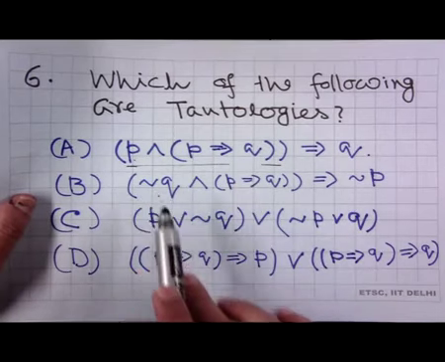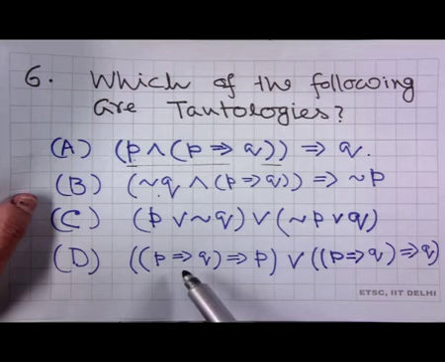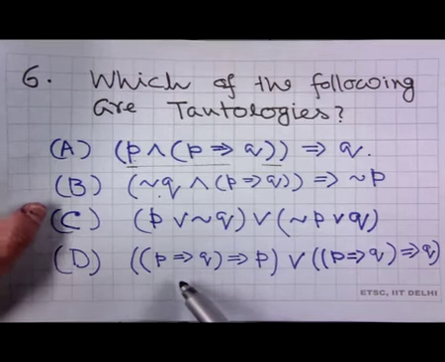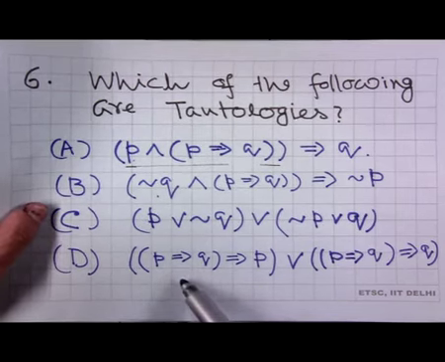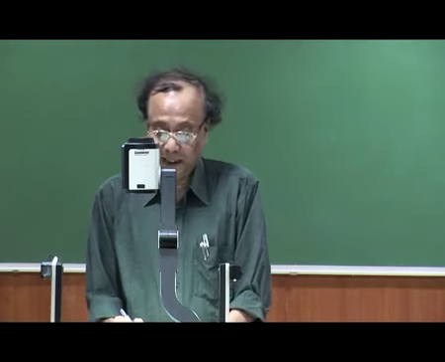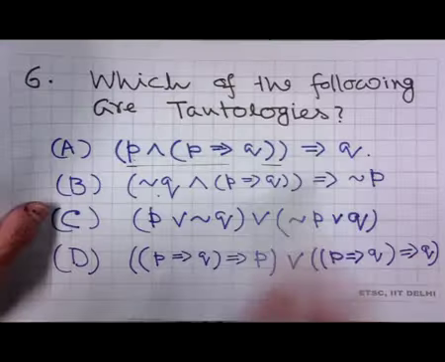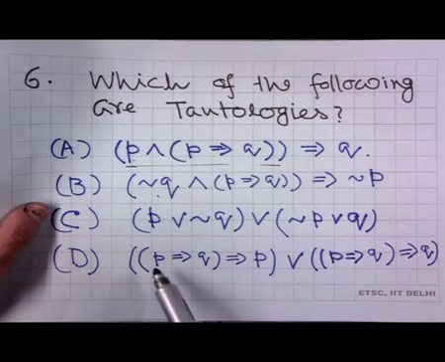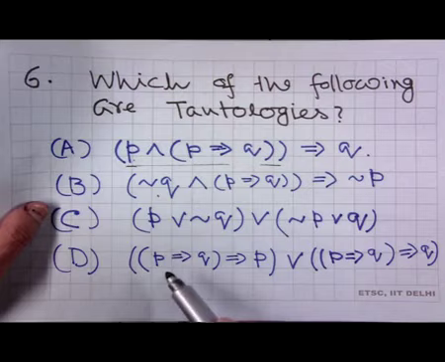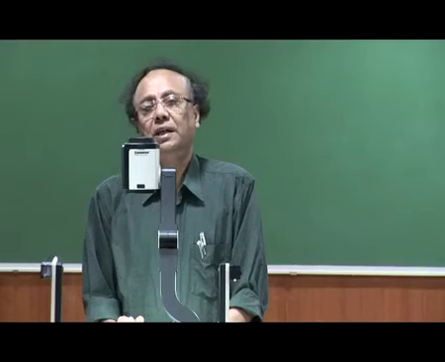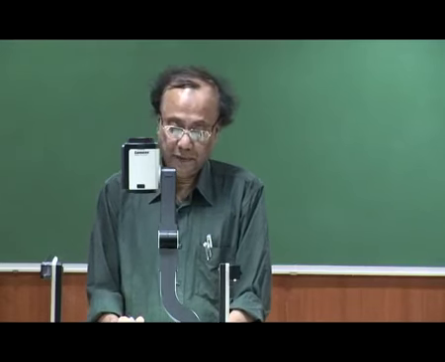Similarly, we will have to do this for all of them. This type of question can be multiple choice, and one can ask how many of them are tautologies, and the possible answers can be 1 or 2 or 3 or 4, or one can put it in different combinations and ask you to pick the right one.